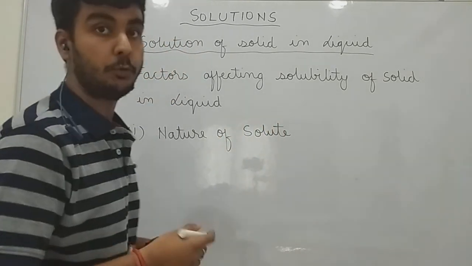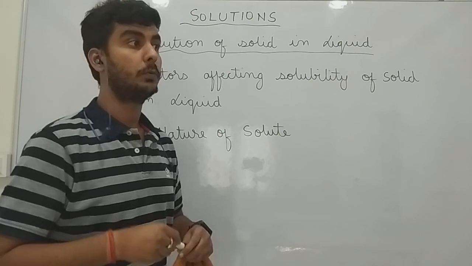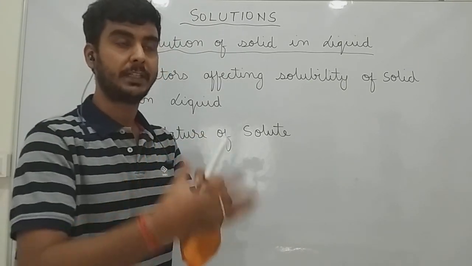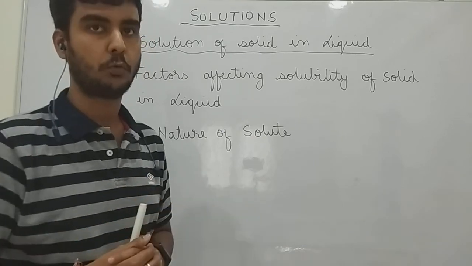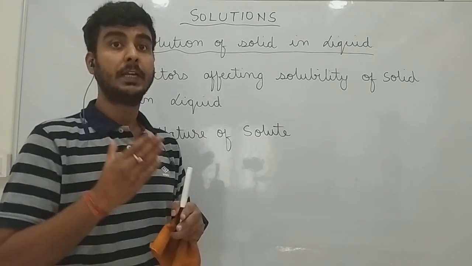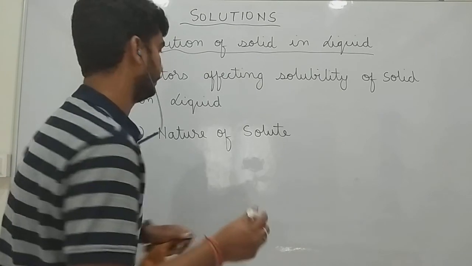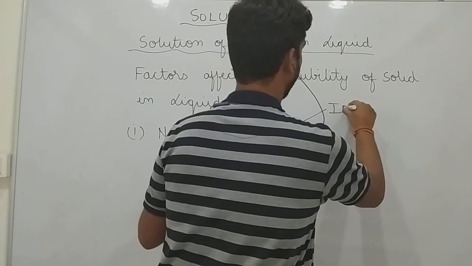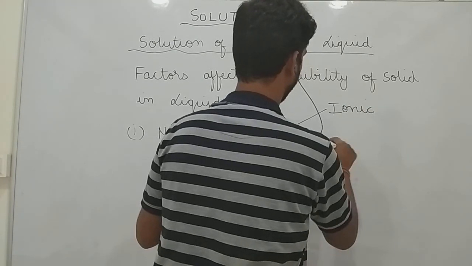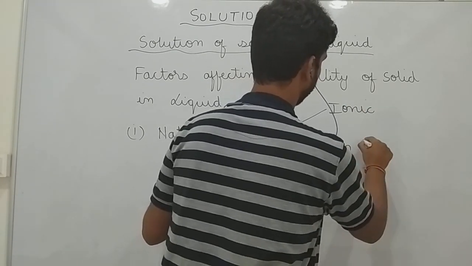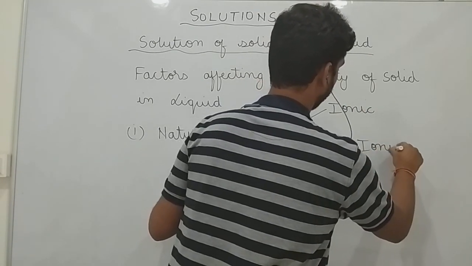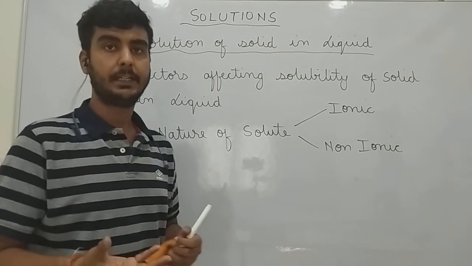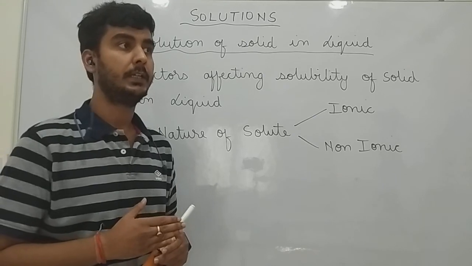Now in this case solute is the solid. So generally the solute or the solid which you will try to dissolve in the given amount of solvent or the liquid will be of two types: ionic and non-ionic solid or solute. So what is an ionic solid and what is a non-ionic solid?